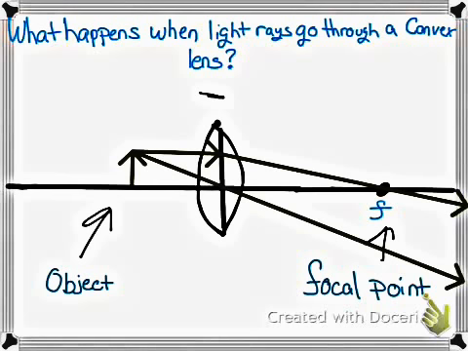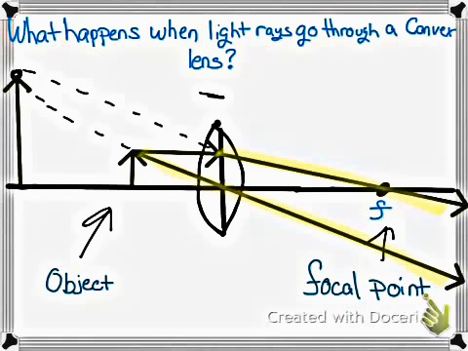Now there's kind of a problem because these two light rays are not touching. So we have to extend those light rays back. We just extend them back, and let's say they meet right about here.